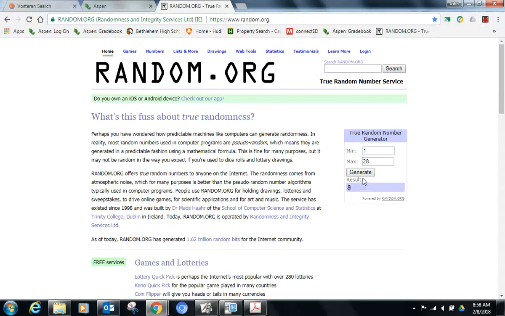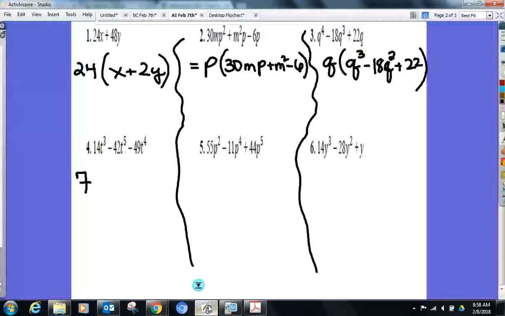So what do I want to take out? Just a t? What's my rule? If everything has the same variable, I take out the one with the lowest exponent. So there's your GCF, 7t to the third.